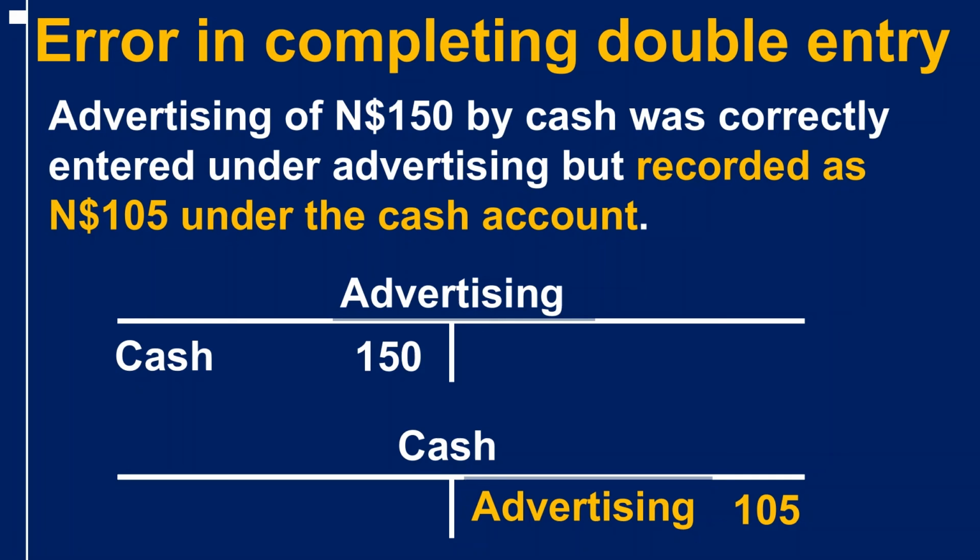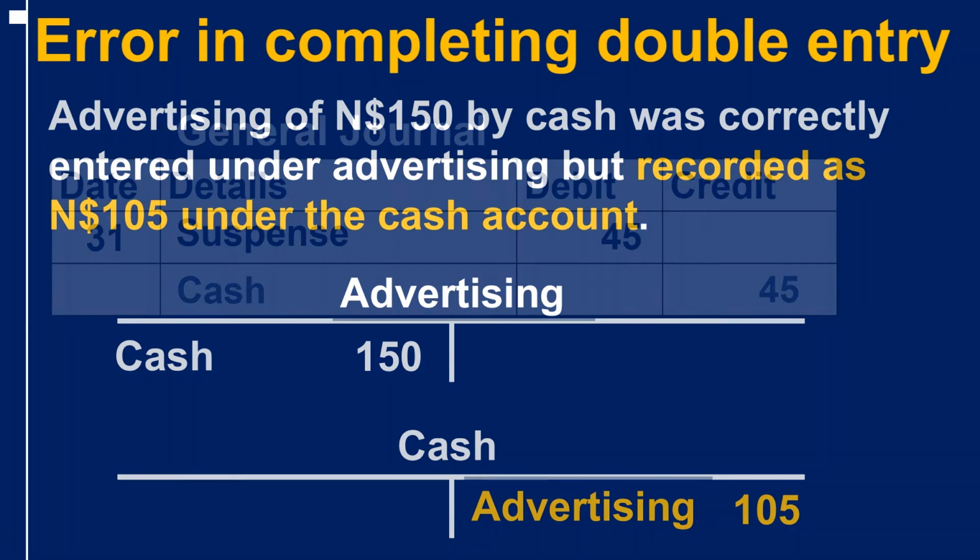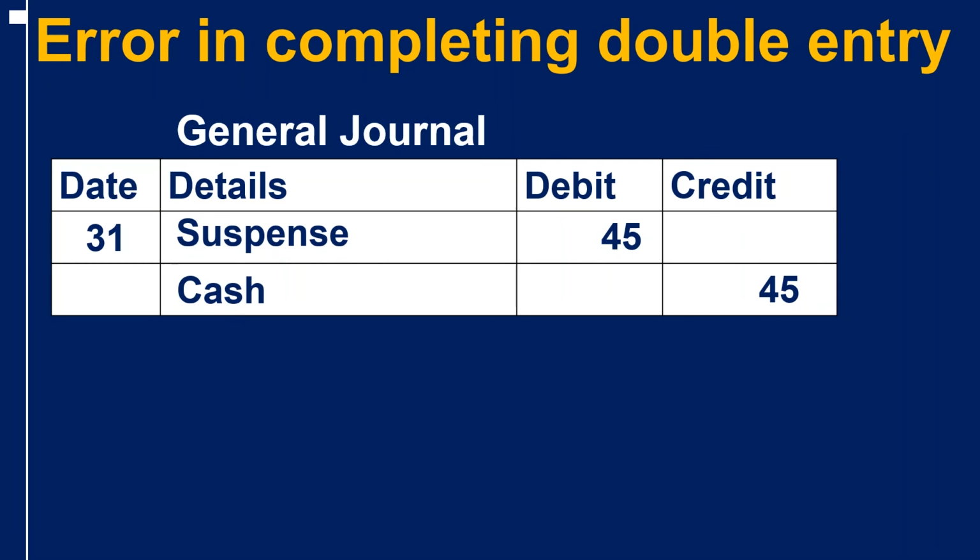Both entries have different amounts. Therefore, the trial balance will not agree because the credit side will be less by 45 Namibian dollars. This error will be corrected by crediting the cash account with 45 Namibian dollars. The suspense account will be debited in order to replace the advertising account.